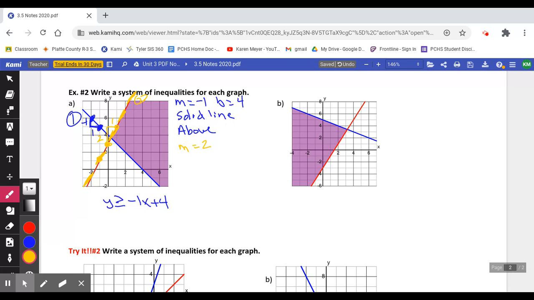So my slope is 2. The y-intercept, it crosses the y at 3. This one is a dashed line. And we're shading below this one. So y is less than 2x plus 3.